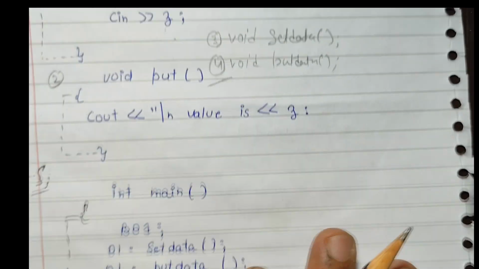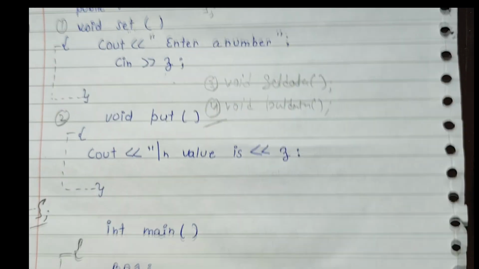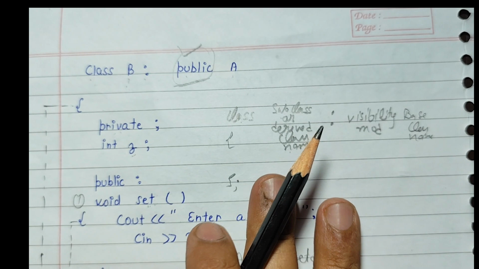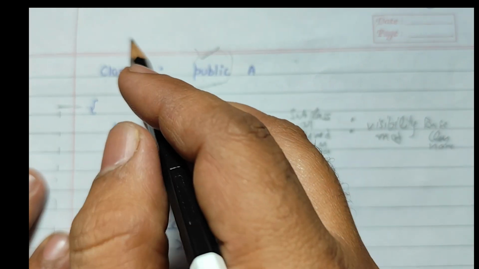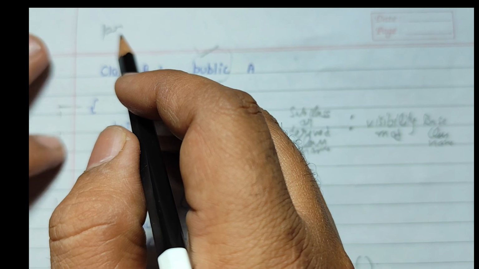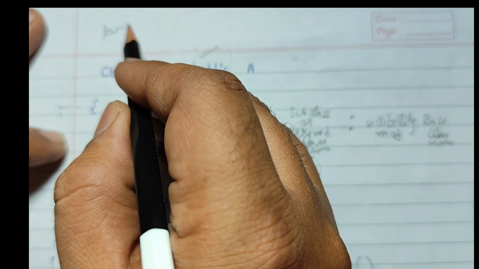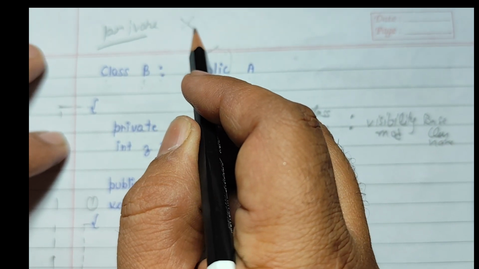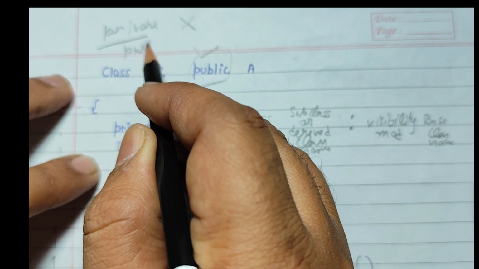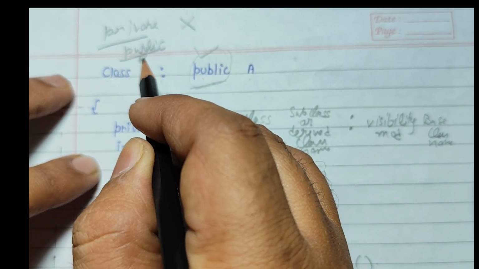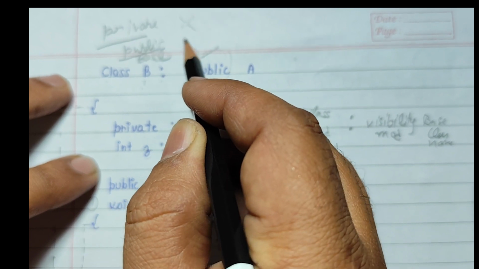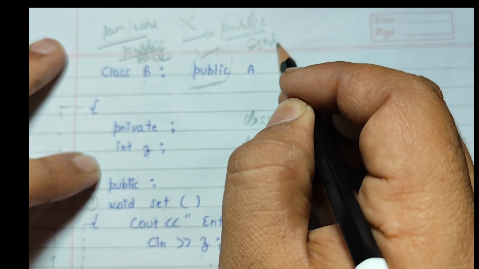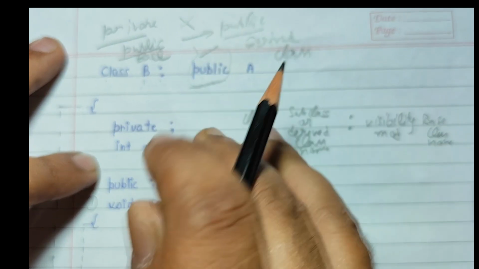So after this we include the main function. Okay, the thing is, if the visibility mode is public, private members of the base class are never shifted, okay, and public members of the base class are shifted to the public section of the derived class, okay.